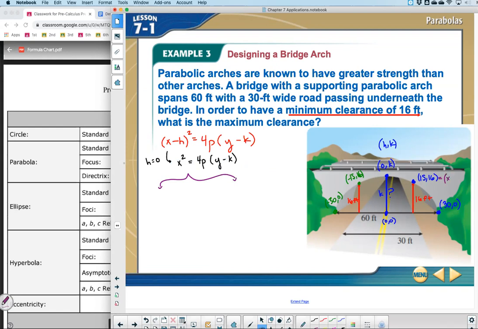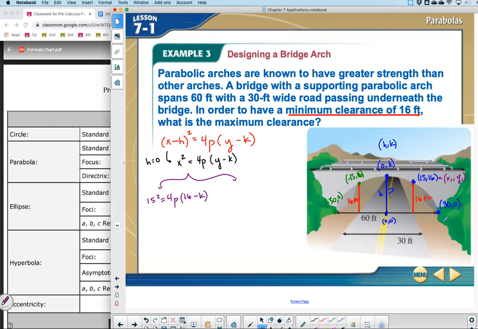I'm going to call this x1 comma y1. And so we'll plug in the x is 15, so 15 squared will equal 4p times the y is 16, y minus k. And then I'm also going to go back up through here, and I'm going to plug in the second point.